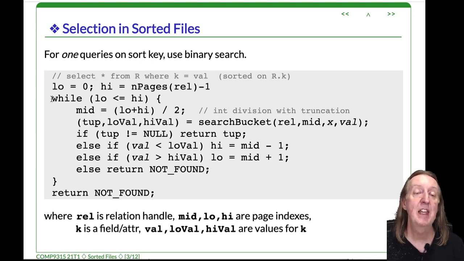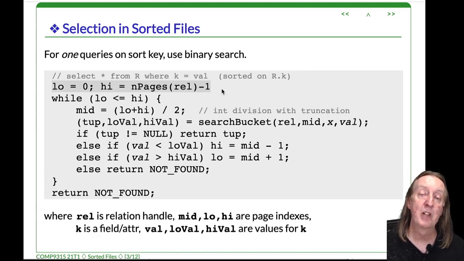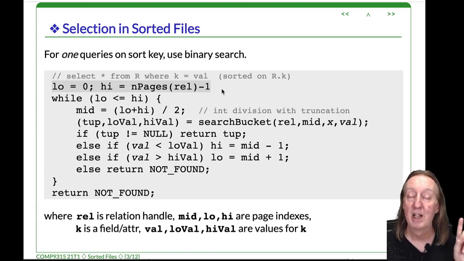In standard binary search, you set the low value initially to the bottom of the data file in this case, and you set the high value to the last page index in the file.